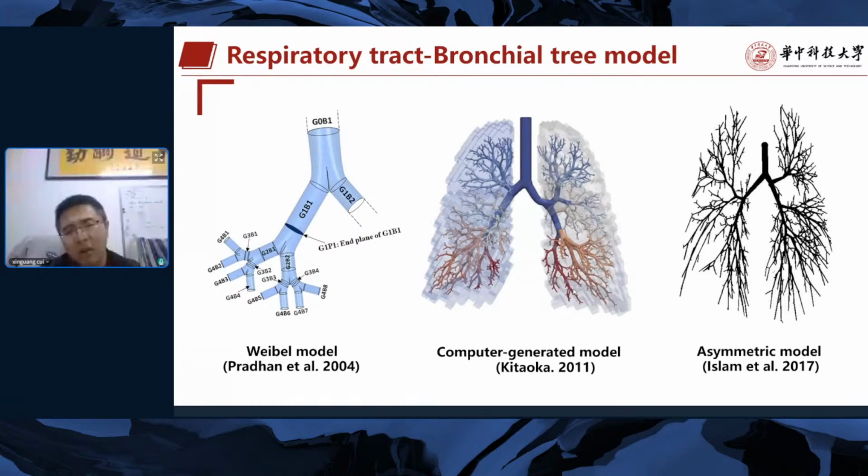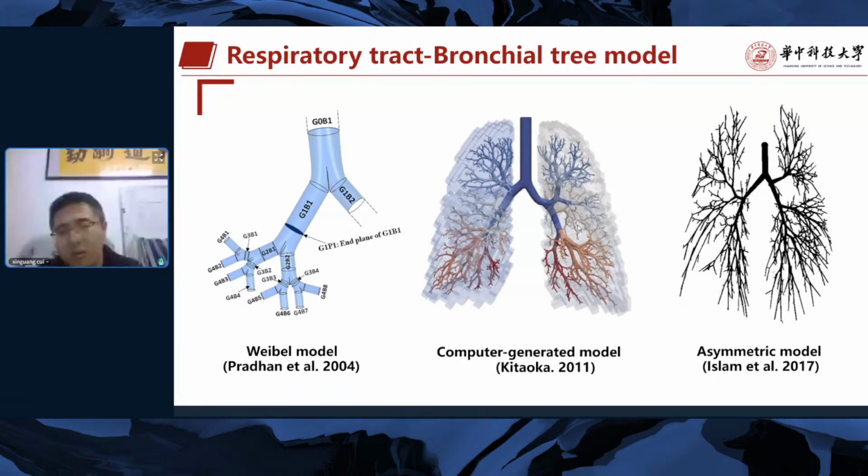And there are also other complex models. They use a computer to generate the bronchial arrays with a generation method. But they still have some simplification.